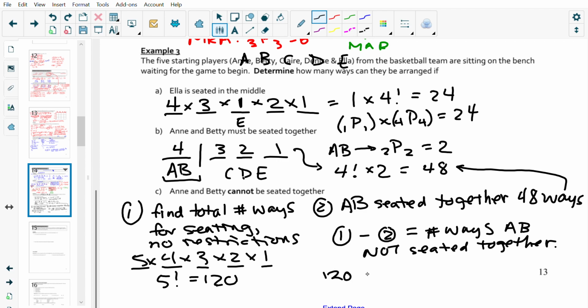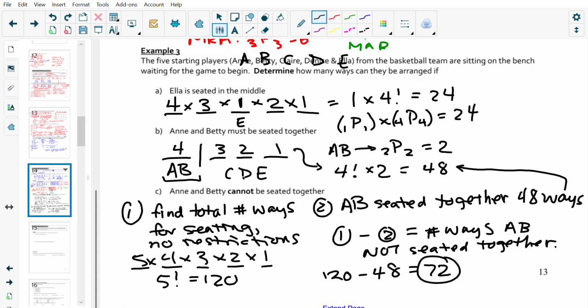Let's see. 120 minus 48, and that's 72. This is a smarter way to do it. You can do this thing for a whole bunch of different cases and start lining it up like this and then figuring out the numbers here. But man, that takes too long, okay?